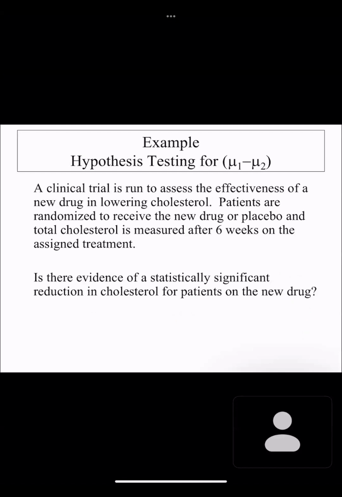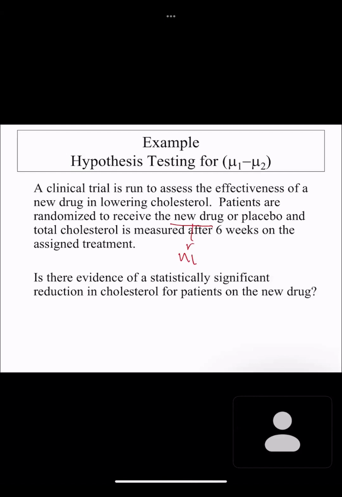So we have a clinical trial. The clinical trial was done to look at whether a new drug is better than an old drug in lowering HDL cholesterol. So patients were randomized, divided in a random manner. One group receives the new drug, so this is N1.